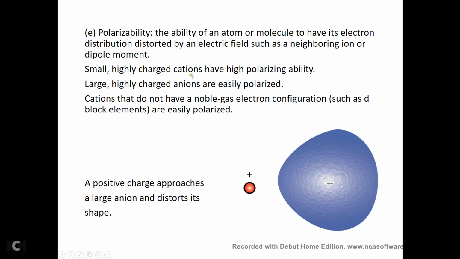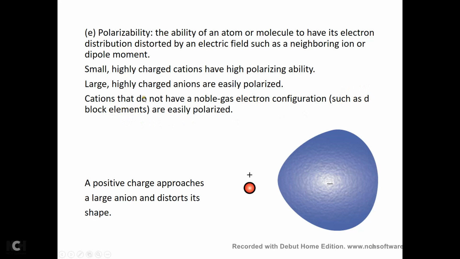So these are general rules for you to decide what kind of ions can be easily polarized and what kind of cations have higher polarizing ability. Finally, cations that do not have a noble gas electron configuration, mostly d-block elements, are easily polarized.